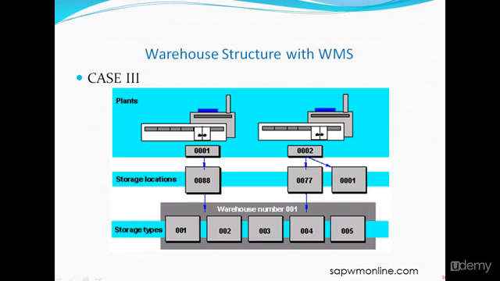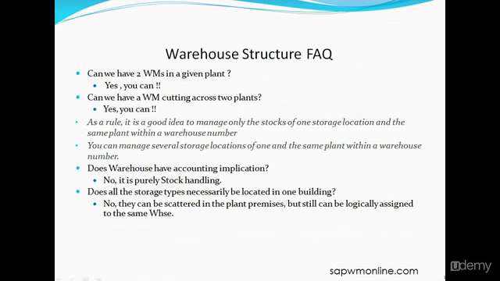There is another case in which two plants are linked to one warehouse, which is possible in SAP. So you have a huge warehouse which is sharing space for two plants. So two plants are stocking material in one warehouse. Can we have two warehouse management systems in a given plant?